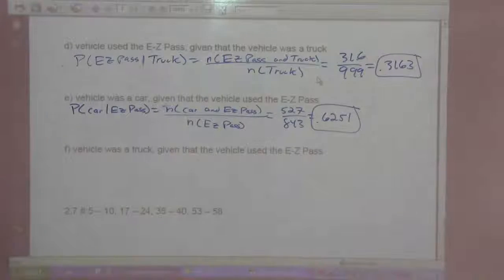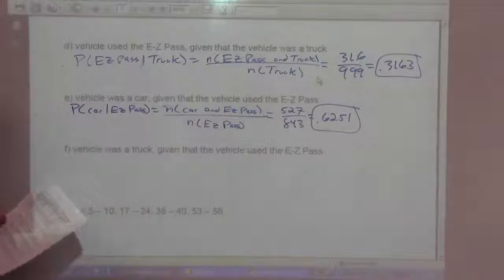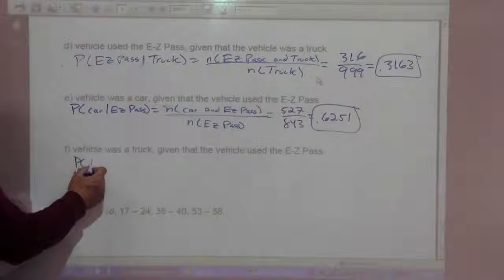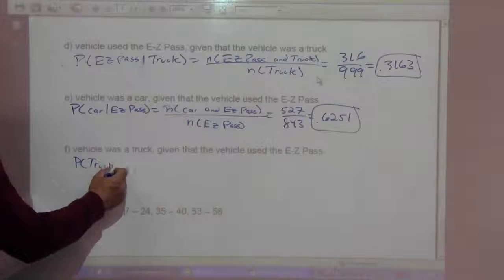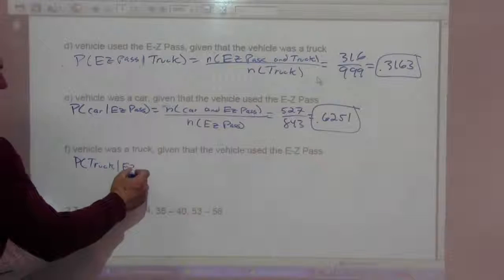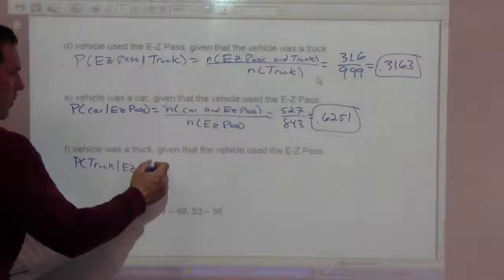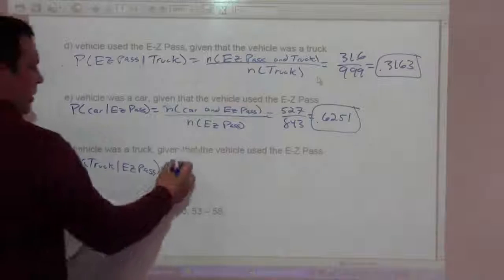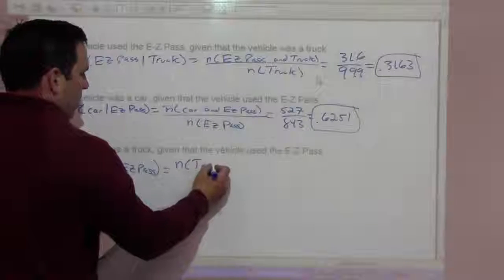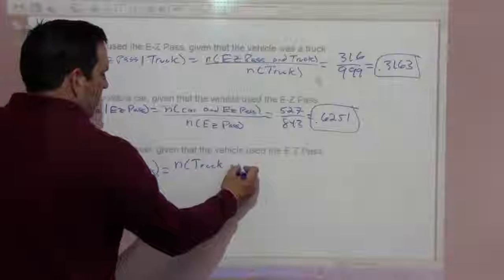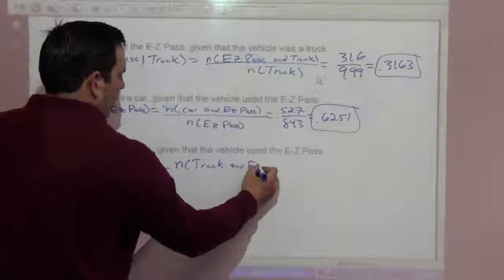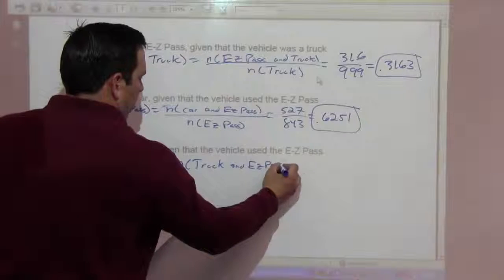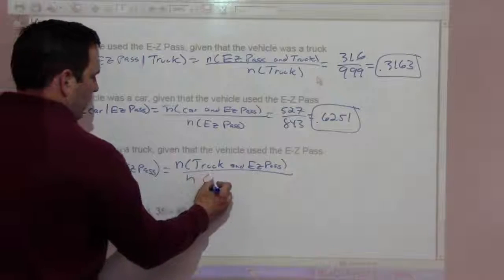And the last one from this example and this section, the probability that the vehicle was a truck given that the vehicle used Easy Pass. So probability of truck given Easy Pass. That's going to be the number of trucks and Easy Pass divided by the number for Easy Pass.